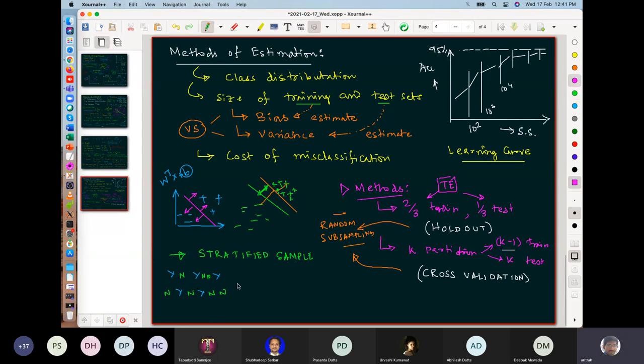Now we build strata from it. Building strata means you segregate the test data which are yes, and you segregate the data which are no. We call each of these a strata. So this is my strata 1. This is my strata 2.